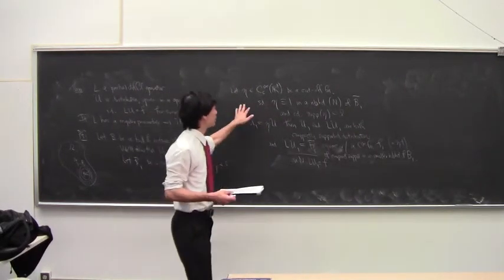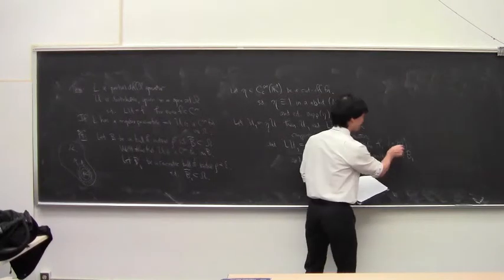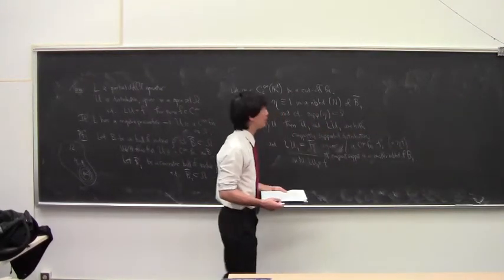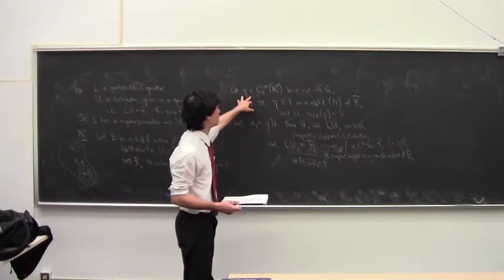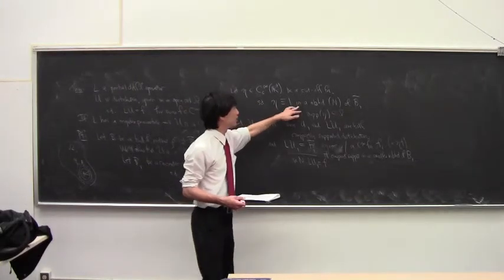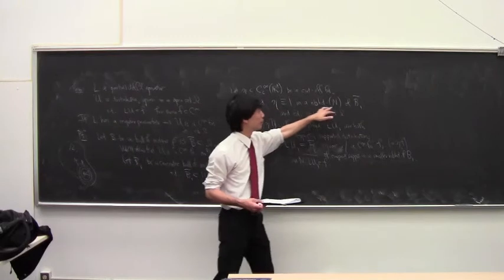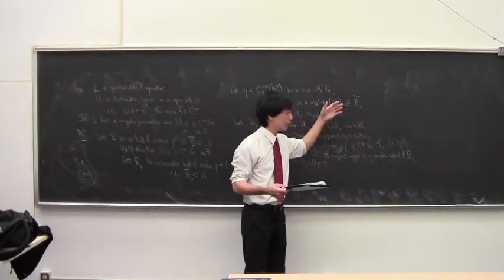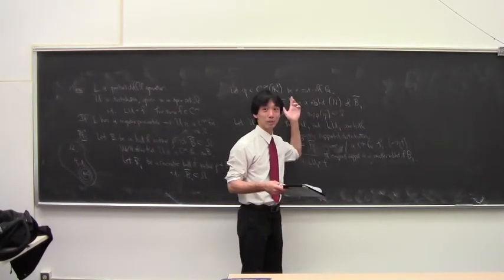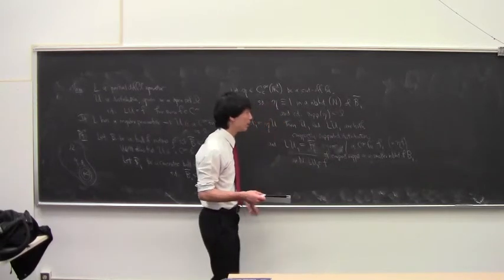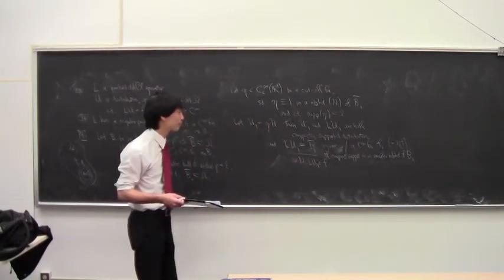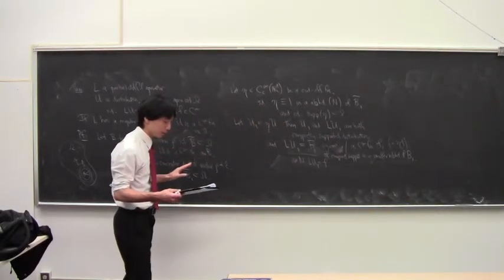Then you take some different eta, eta 2. You can create a function that is equal to 1 in a neighborhood of B1 and supported in a small neighborhood. It's possible to do. Okay, so I think that's okay.